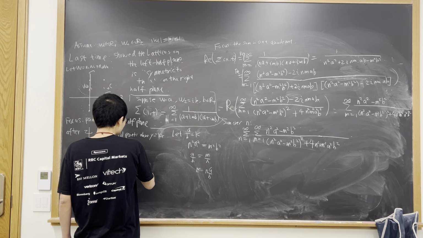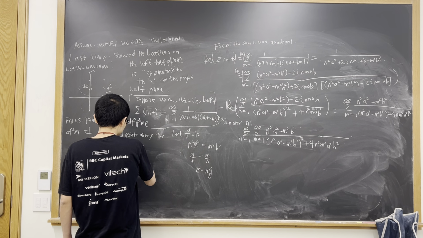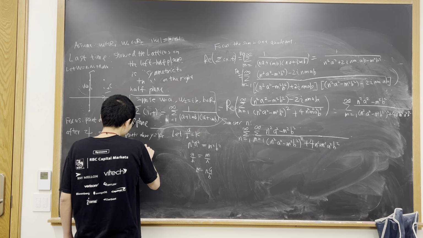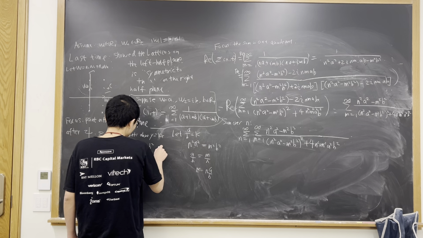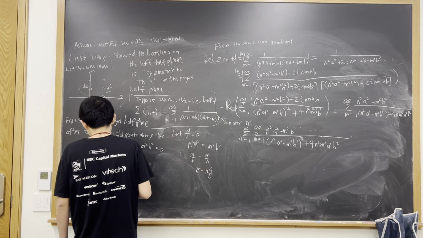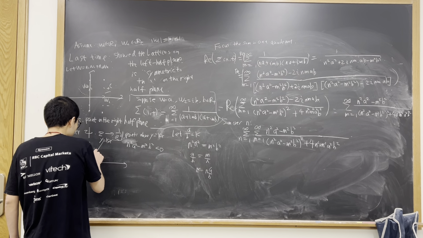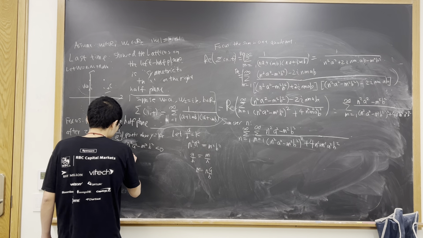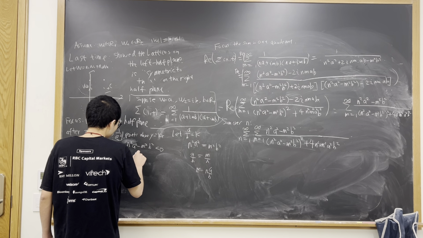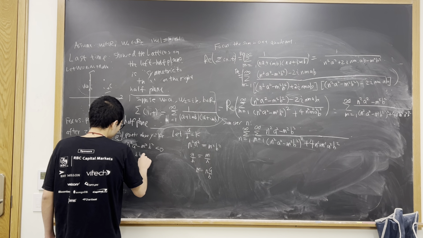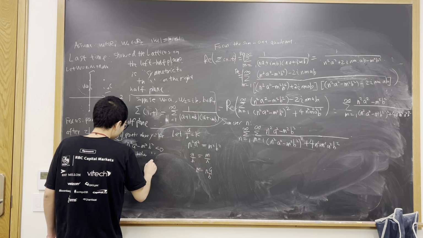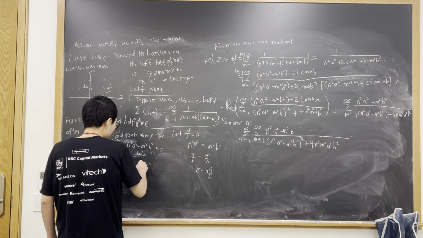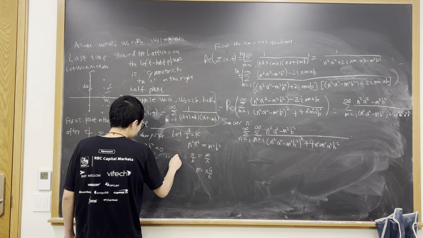The numerator n squared a squared minus n squared b squared is negative. And also for points below, right? Points below y equals kx, this one is positive.